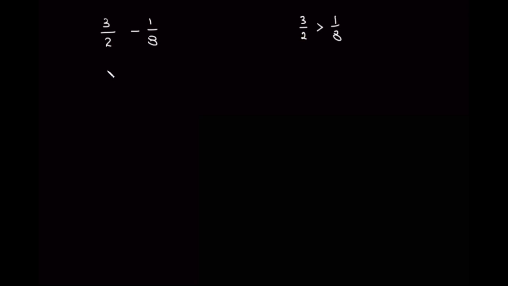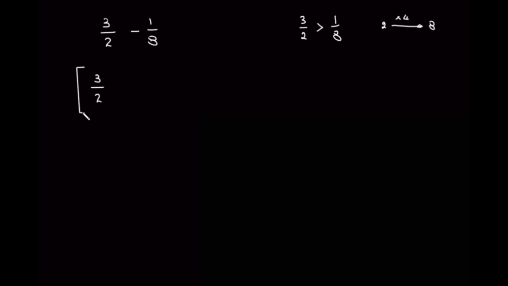Okay, I want these bottom numbers to be the same. I want to have it such that the 2 becomes 8. So if I multiply that by 4, 2 times 4 is 8. So we have the 3/2. Again, I'm going to use bracket just to group things.